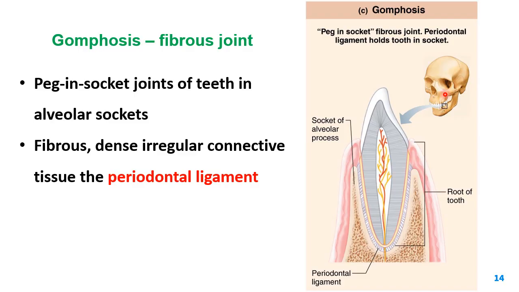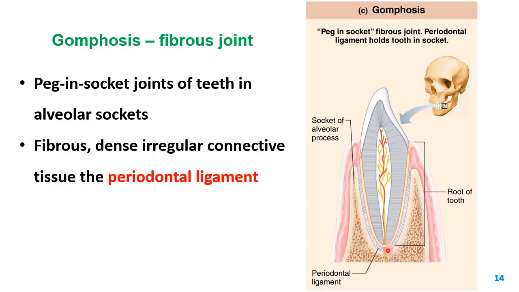This bone. Maxilla, right? So maxilla and mandible, this is where you're going to have your sockets for the teeth, and here is where you're going to find the joint. You also call that the periodontal ligament. So you're going to have dense irregular connective tissue there.